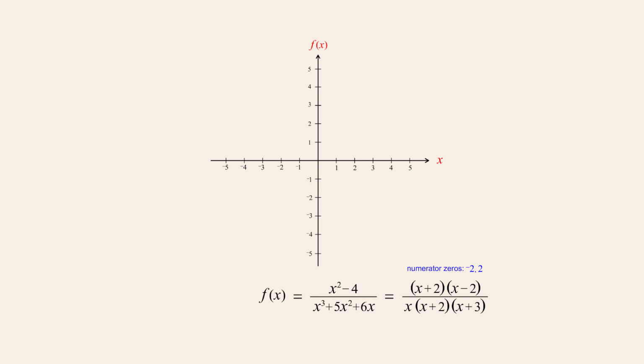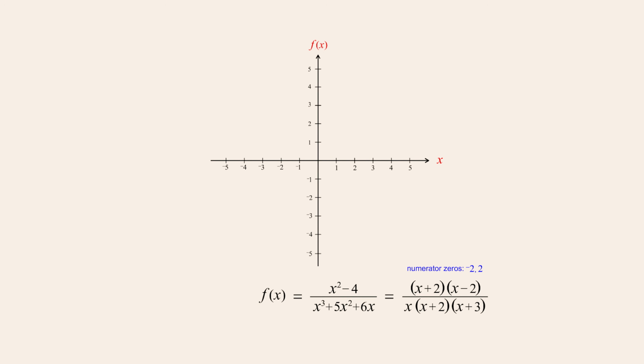Just as with the numerator factors, any x value that causes any one of these three factors to be 0 will cause the denominator to be 0. And so that x value will be a 0 of the denominator.